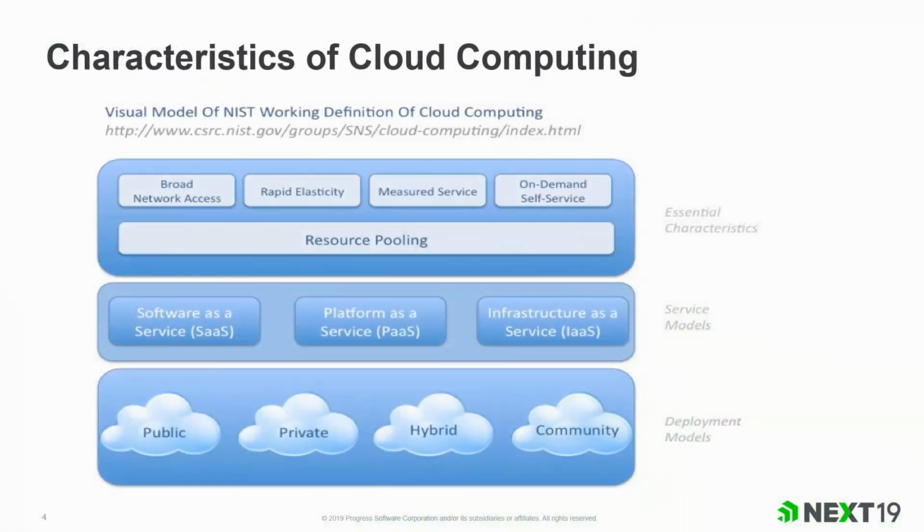So OpenEdge in the cloud, there's lots of cloud configurations possible. Most cloud configurations, depending upon whether you do SaaS, PaaS, IaaS, public, private, they generally tend to be hybrid in nature. The IT pros rank security as both the primary benefit and the biggest challenge of cloud computing.